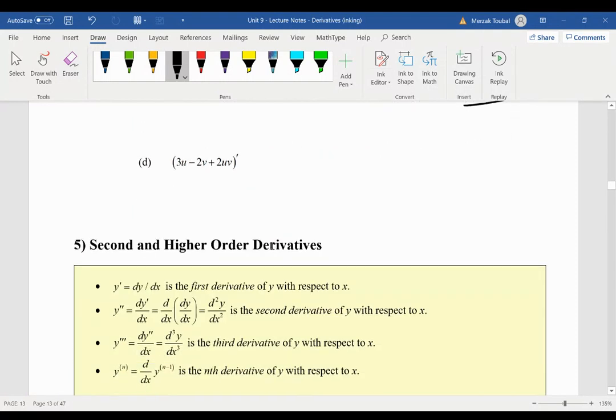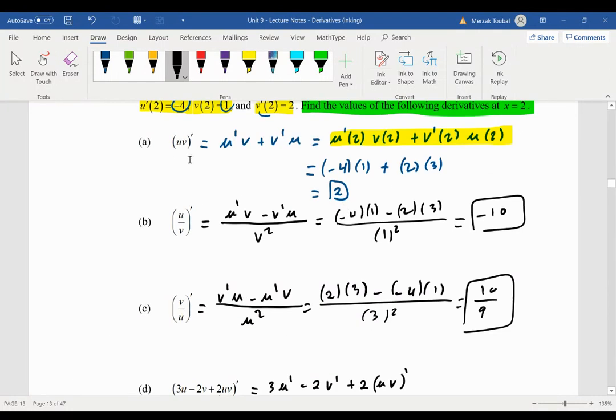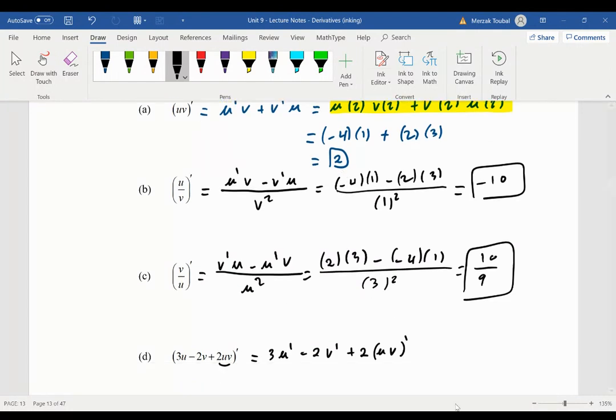The last one, 3 u prime minus 2 v prime plus 2 times the derivative of u times v. Now we need to use the product rule, or actually, to minimize a bit of work, we found in example A the derivative of uv.